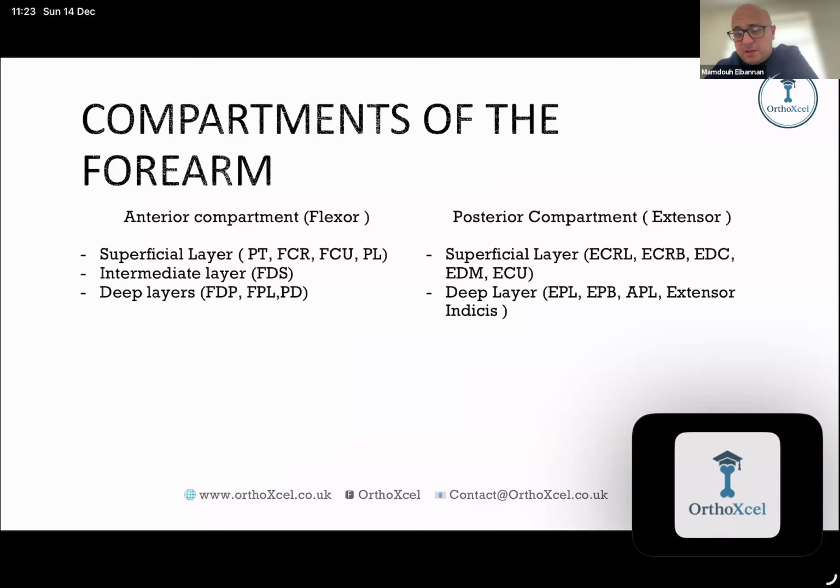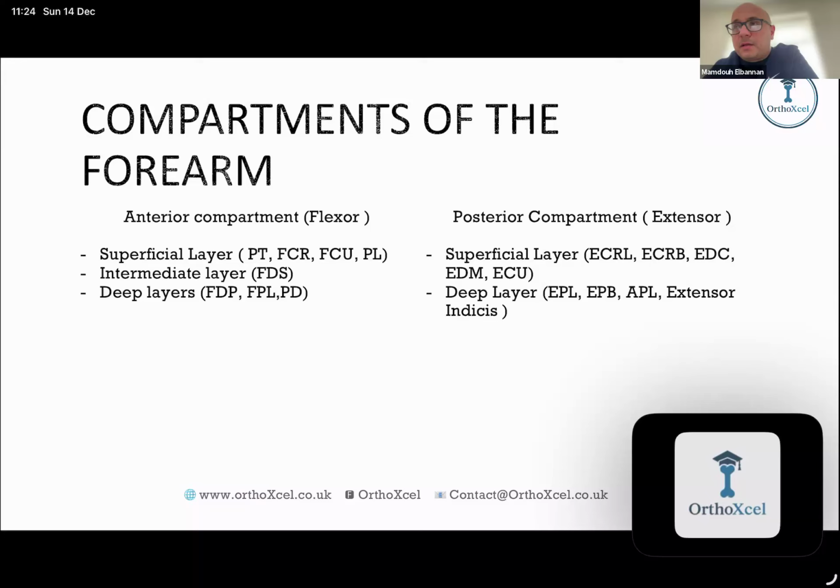The superficial layer has pronator teres, flexor carpi radialis, flexor carpi ulnaris, and palmaris longus. The intermediate layer has FDS, and the deep layer has FDP, FPL, and pronator quadratus, sorry, this is wrong.